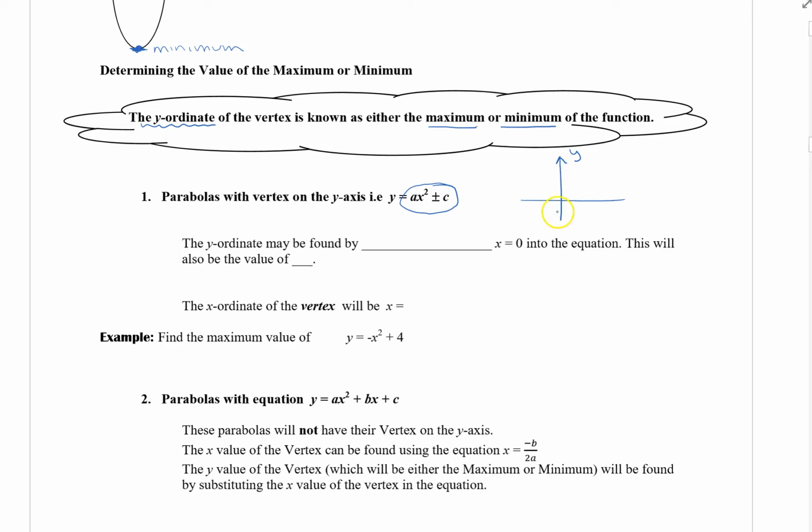So we know that it will either sit at the origin, or it'll come down and go up and cut here. Now we established that as c. So we can tell from the equation, or from the graph, what the minimum value is going to be. Likewise with a maximum value.